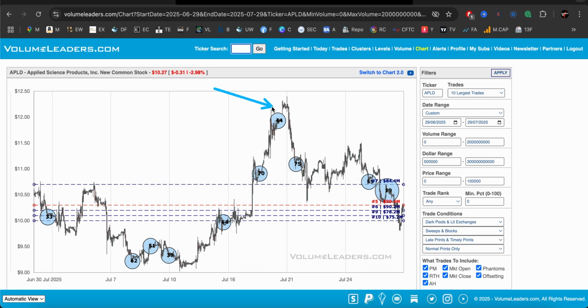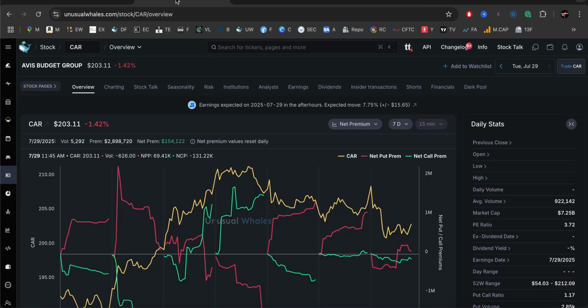I'm seeing some people come in and take profit when it was trading a little higher. But from past orders, above $10 to $10.50 is where a big cluster of orders came in. So this is a very pivotal area for the stock to stay above.